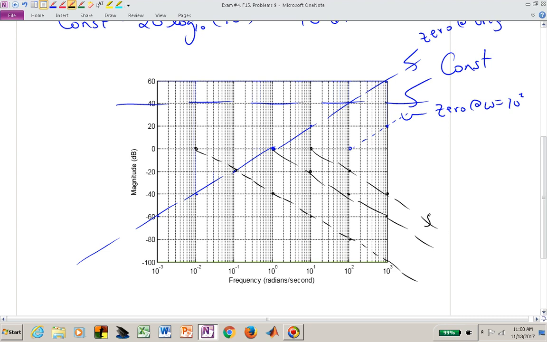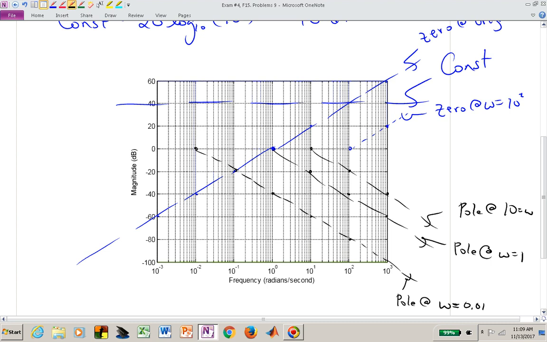So here is our pole at 10. Here is our pole at omega equal to 1, and here is our pole at omega equal to 0.01.